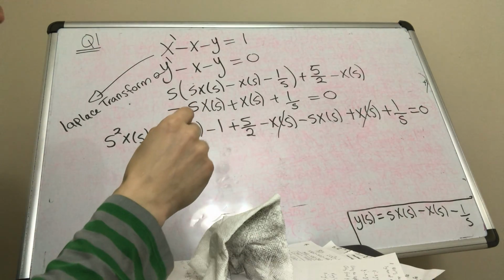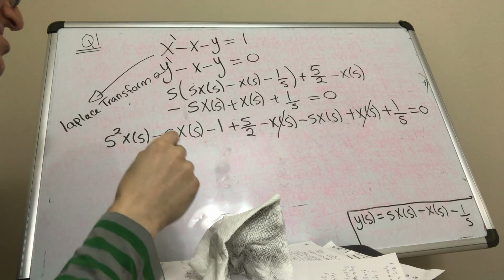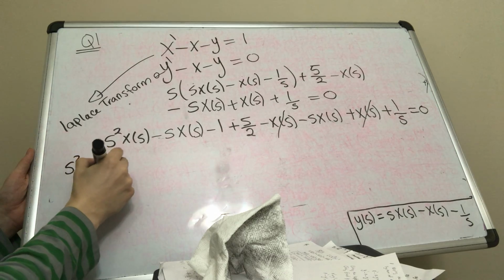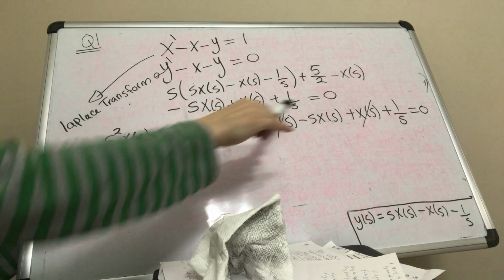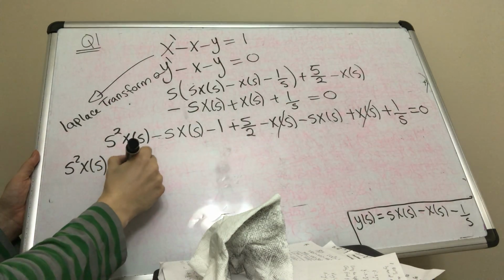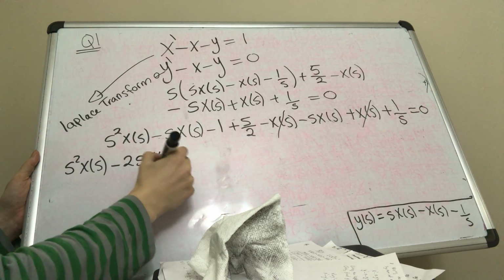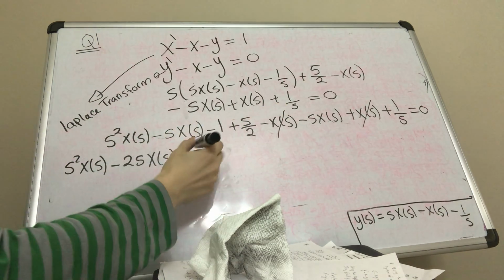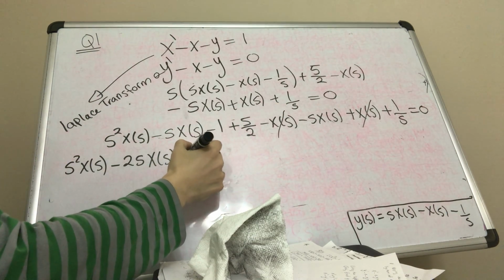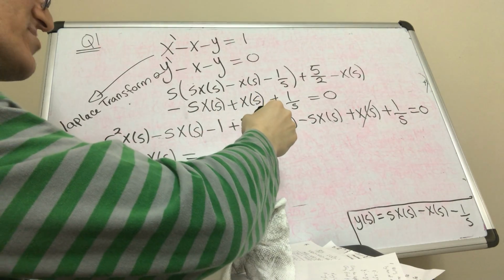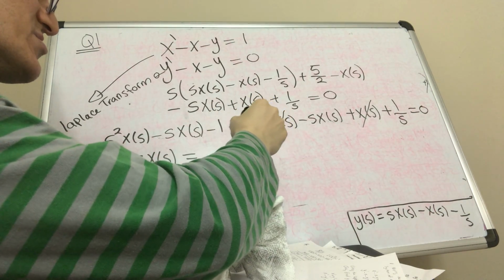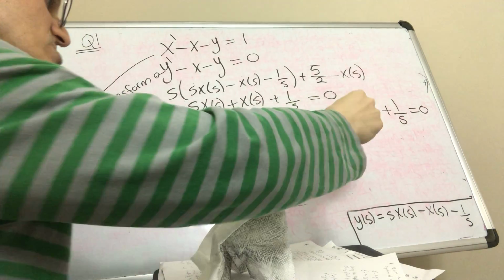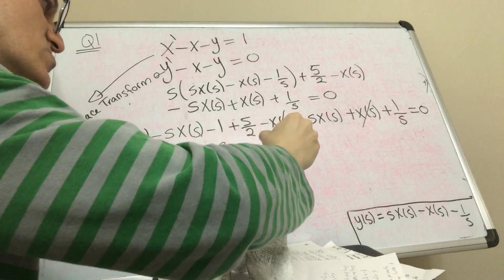Now, in terms of this one, that's the only one, so it's s squared X(s), negative s X(s), and negative 2s X(s). Now, for the number, they still have negative 1 plus 5 over 2, that's 3 over 2, bring it over, minus 3 over 2. And 1 over s, you bring it over, negative 1 over s.